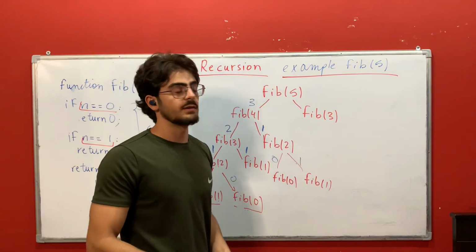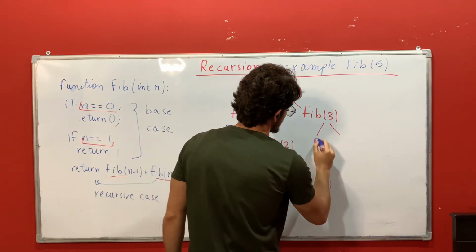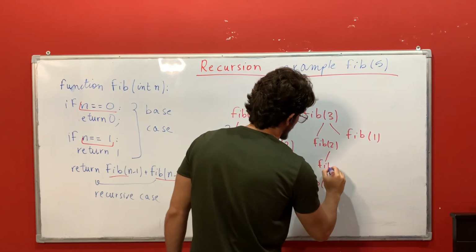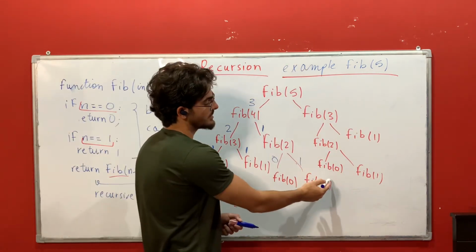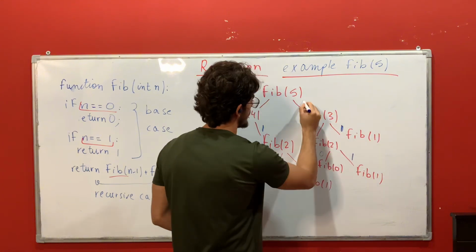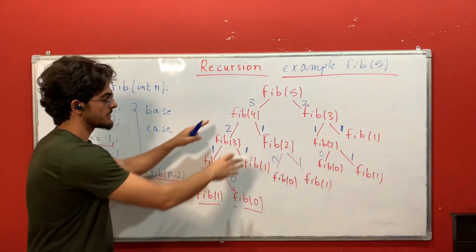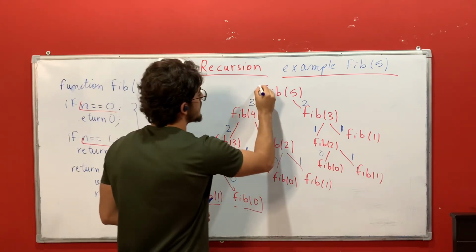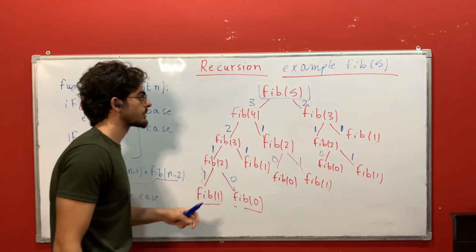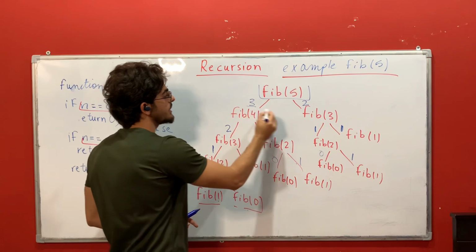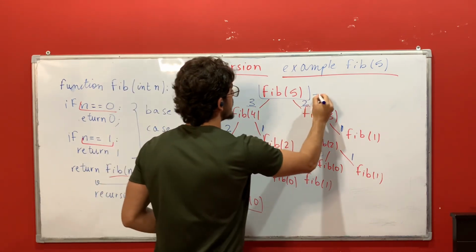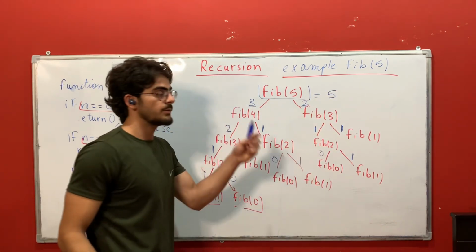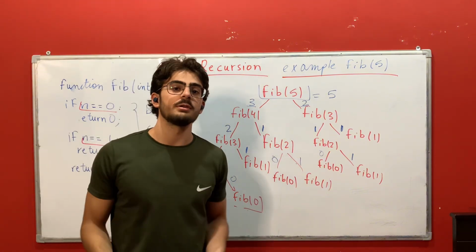So let me simulate it. As you can see, I have solved similar problems in nature in order to solve the bigger problem. So now I have 3 and 2, I sum them, I get 5. So the fifth Fibonacci number will be 5.